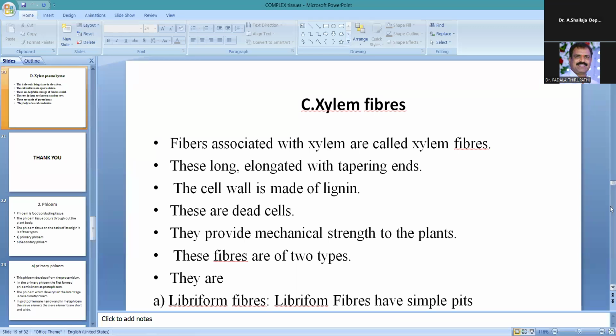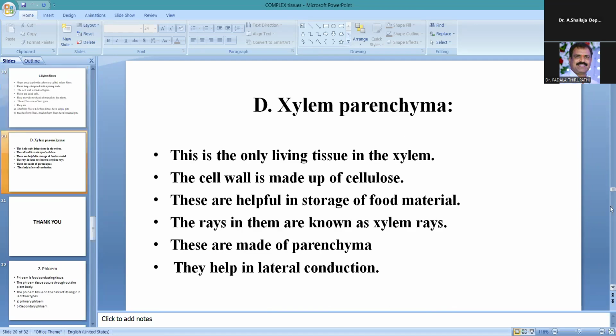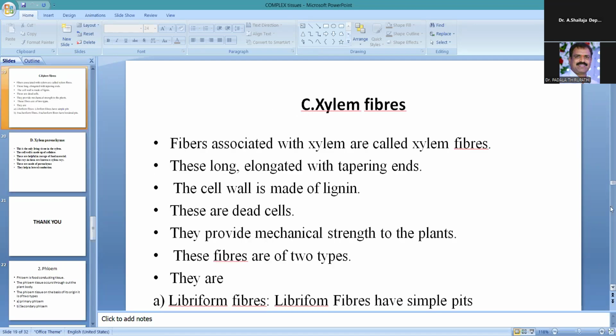These fibers give mechanical strength to the plant body. Example, leguminosae. Please note it down. Fiber tracheids are intermediate forms between the typical fibers and tracheids, with bordered pits.